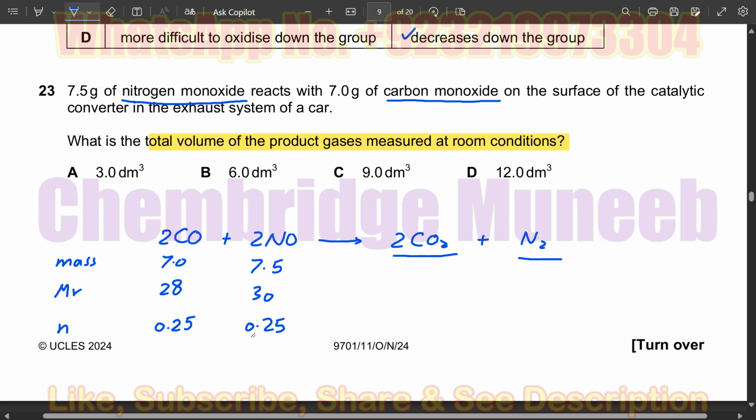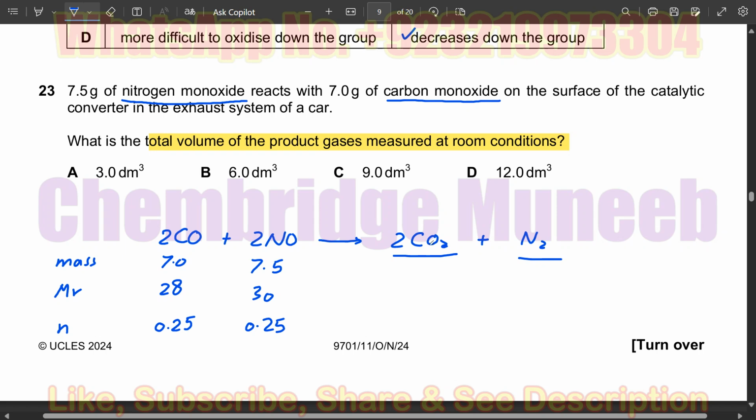Since both are of the same moles, which means that both are equally participating in the formation of the carbon dioxide. So we can take any one of these two gases to find the moles of carbon dioxide and N2.